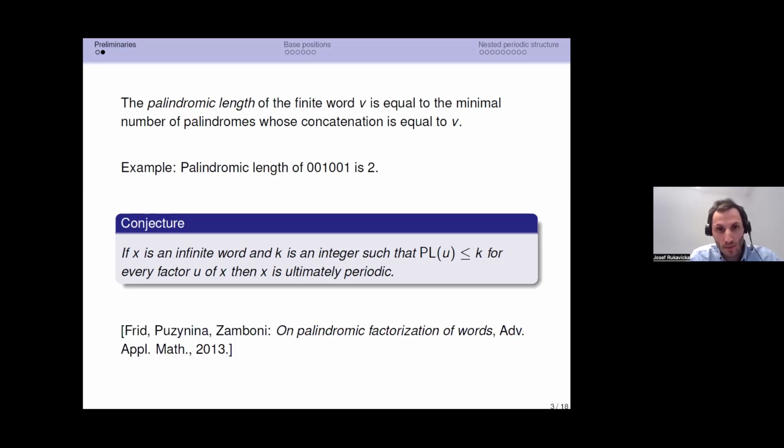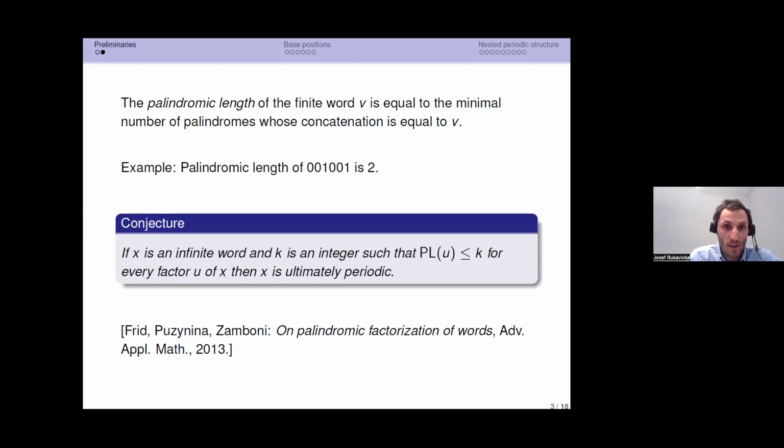It was presented in this paper on palindromic factorization of words. I would say this conjecture attracted quite a lot of attention. You can see there are quite a number of papers that try to solve it.